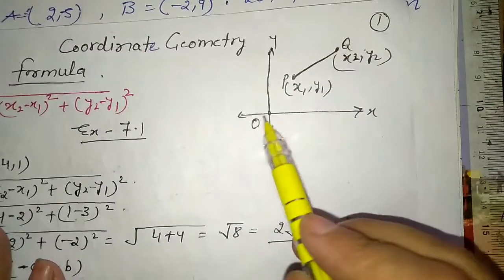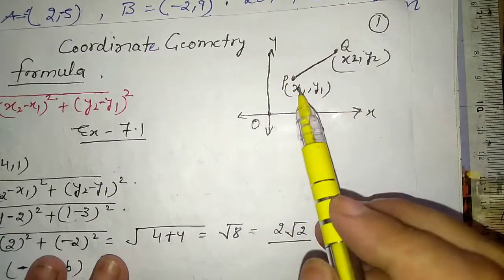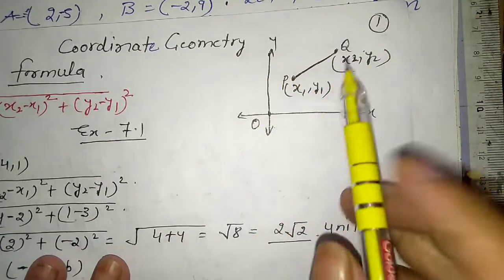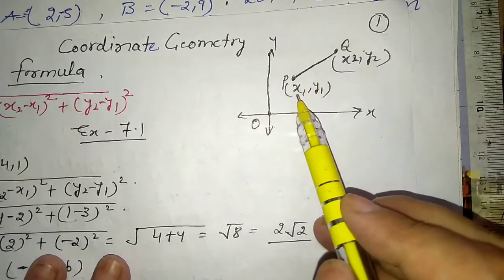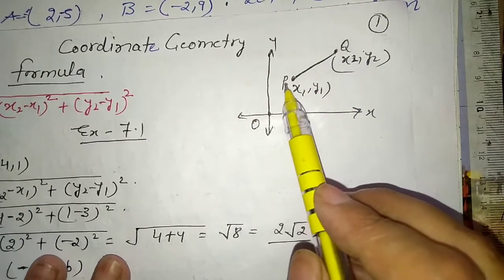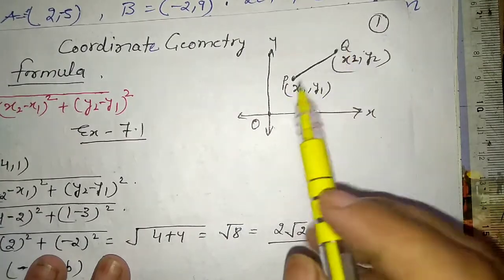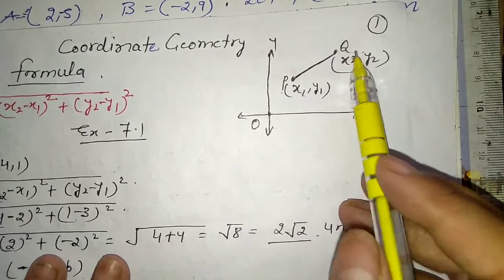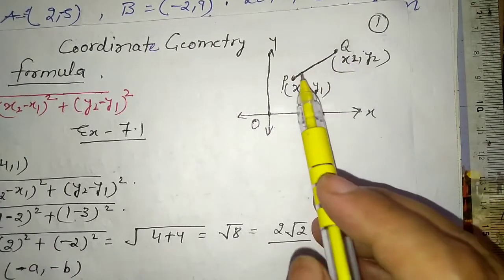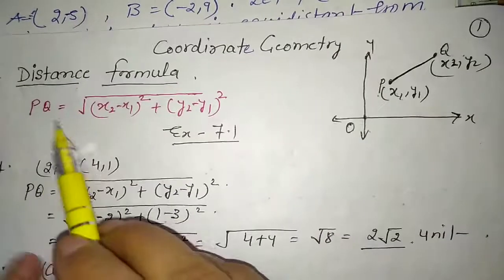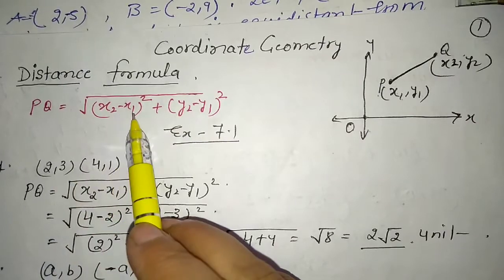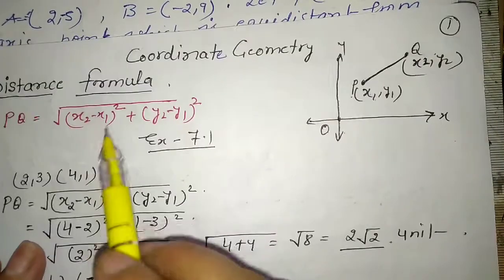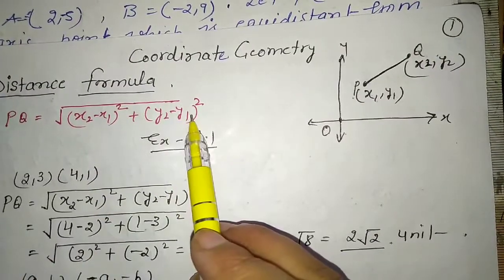Suppose this is the x-axis and y-axis, and this is the positive side only we are taking, the first quadrant. The coordinates of P, one point is P, other point is Q. Let the coordinates of point P be x1 and y1 and the coordinates of Q be x2 and y2. So the distance between them, PQ, is equal to the square root of x2 minus x1 whole square, plus y2 minus y1 whole square. X we will subtract, y we will subtract.